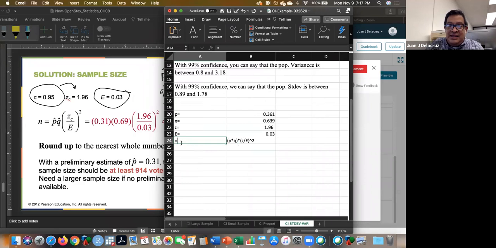I'm going to use P times Q times blah blah blah, and you will do the numbers here. So that's what is going to be the value. The sample size here is going to be determined by this formula.